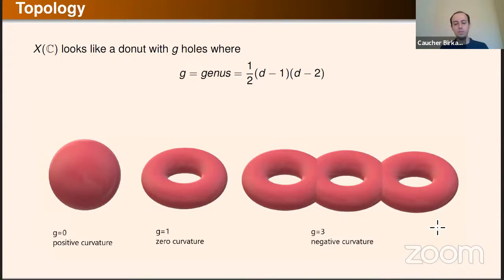However, their algebraic geometry is much more complicated. In fact, the number of holes can be calculated just from the degree. This number of holes is called the genus. The genus is just half of (D minus 1) times (D minus 2). So you see that if D is 3, then g is equal to 1, which is exactly this case. Now, there are many different polynomials of degree 3, but their topological spaces will all look like this torus.